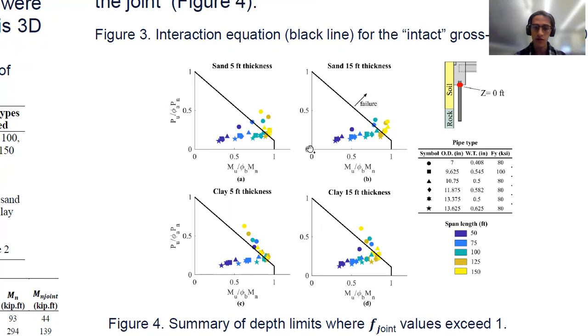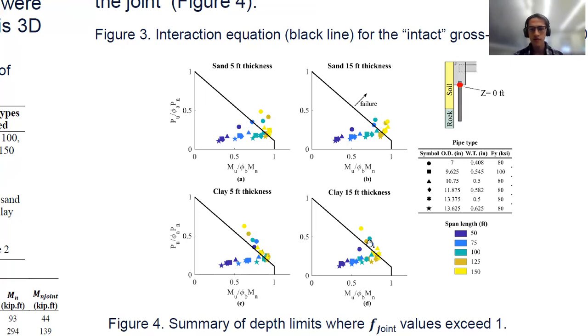That means they provide less demand. And that gets more evident for clay soil, where many points that were before outside of our interaction diagram, that means failure, are many of them now just at the line or below it, meaning that conditions that were unacceptable before for shallow bedrock depth are now acceptable for deep bedrocks.